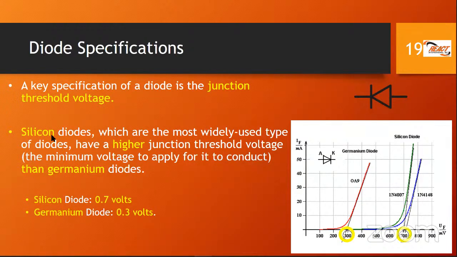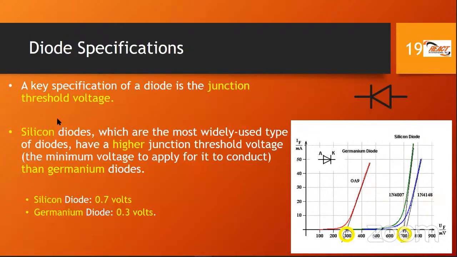You have silicon diodes and you have germanium diodes. We want to make sure it is silicon diodes, because sometimes you'll hear people say silicone, which is not quite correct. It's silicon, that's the name of the element. So it's silicon diodes and germanium diodes.